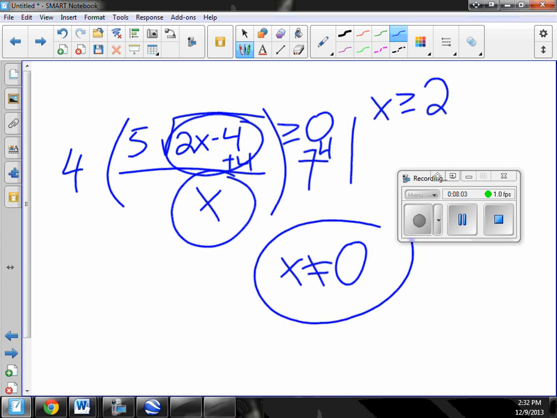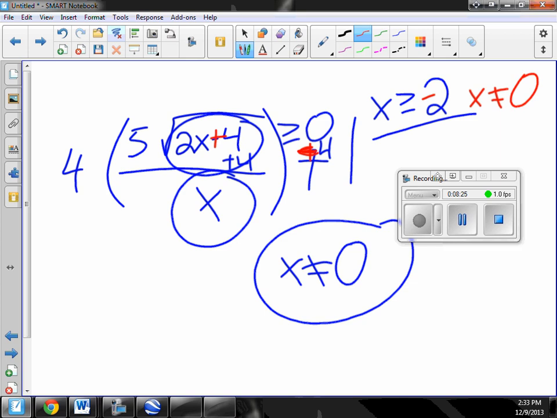This didn't even matter because it's not within there. But if that 4 would have been positive, then I would have subtracted 4, and I would have got x is greater than or equal to -2. I would have needed to say x is greater than or equal to 2, but x is not allowed to be 0.